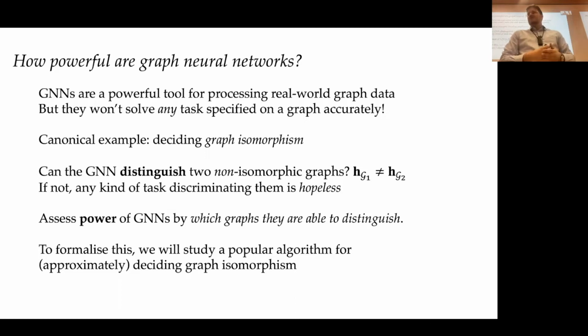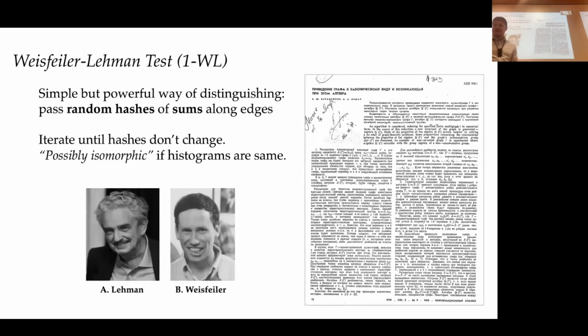Okay, so we're going to try to formalize this, and to formalize this, we'll study a very popular algorithm for approximately deciding graph isomorphism, and that is the Weisfeiler-Lehman test, or 1-WL for short. It is, by this point, a very old algorithm invented by two Soviet mathematicians, Boris Weisfeiler and Andrei Lehman, and it's a very simple but super powerful way of telling graphs apart.